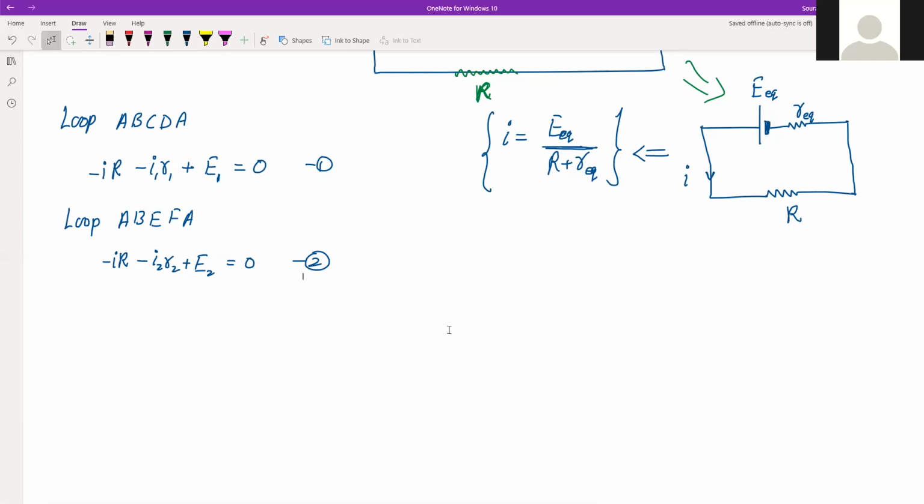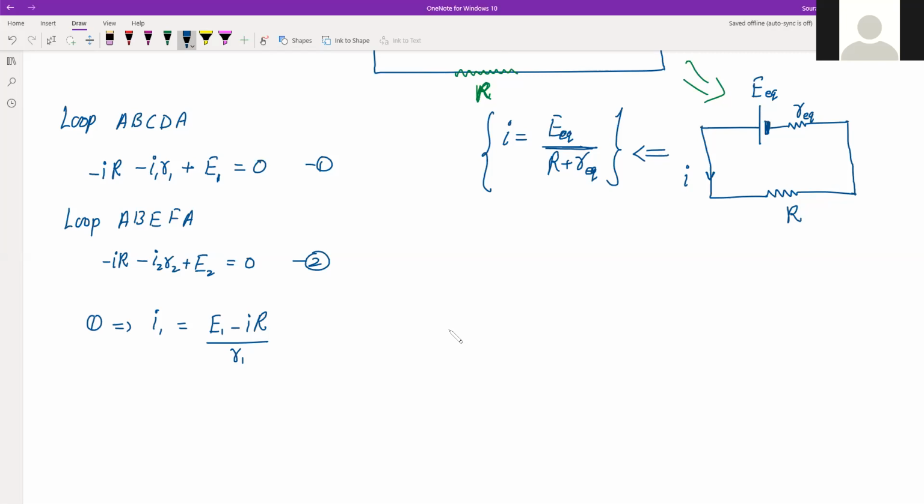So what is I1 here? From the first equation, can we find I1? I1 will be equal to (E1 minus IR) divided by R1.